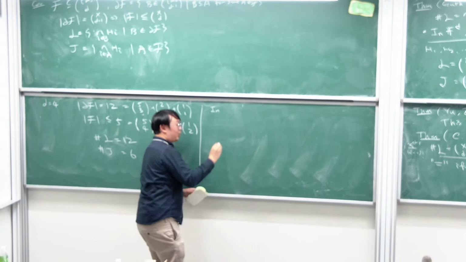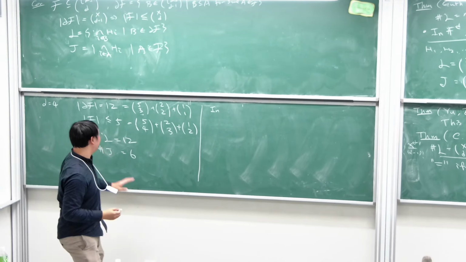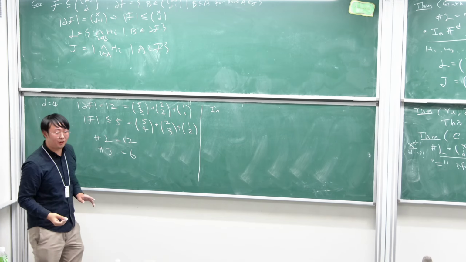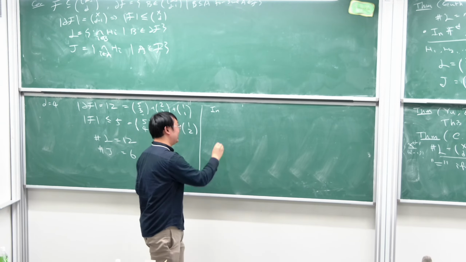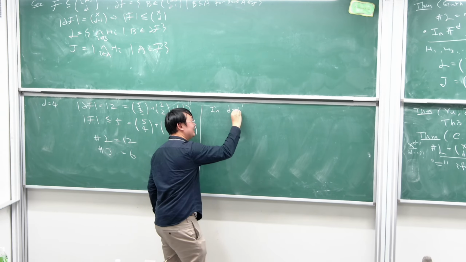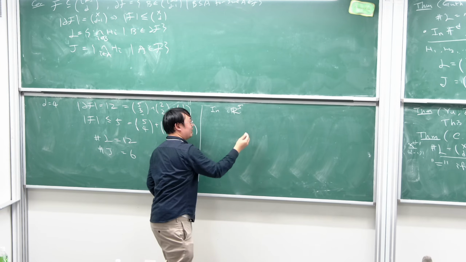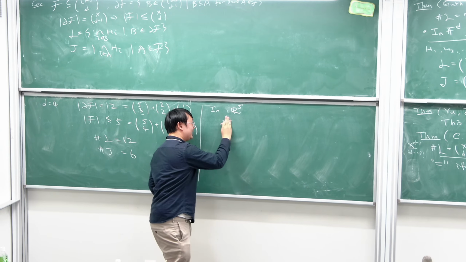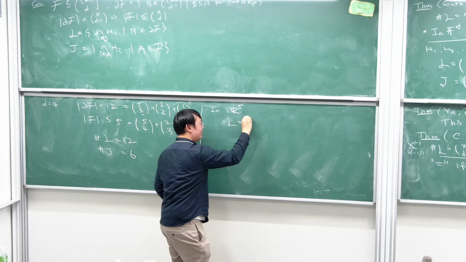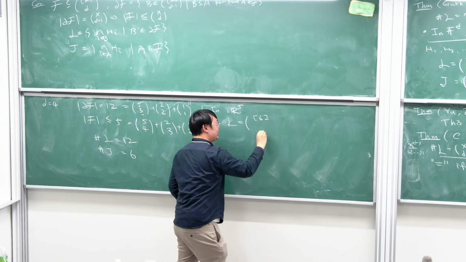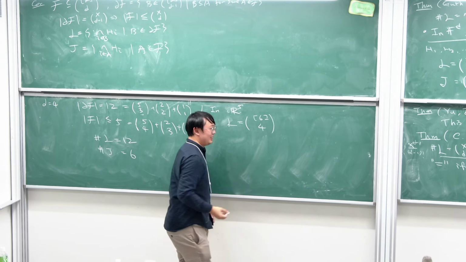So let's first work in 5-dimensional space. Although here I'm promising you d equals 4, let's first take a configuration in 5-dimensional space. In R^5, let's consider the set of lines to be all the 6 choose 4.